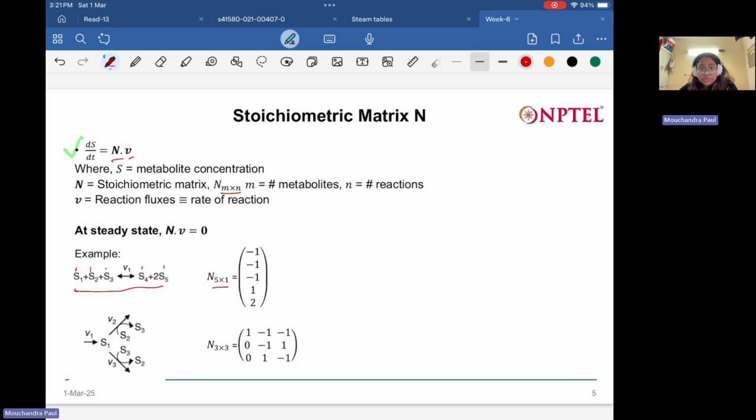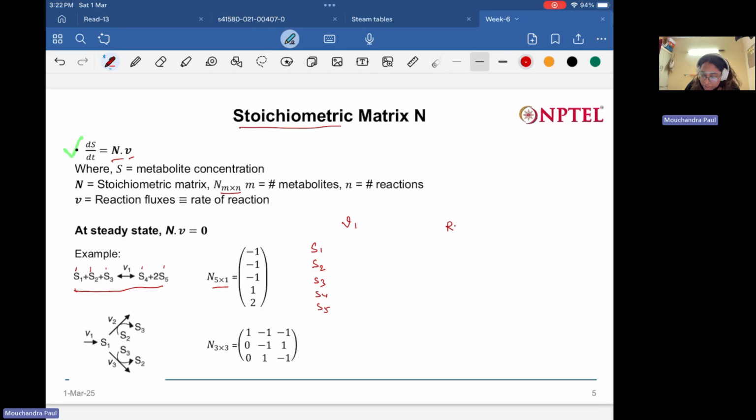Now, since this is a stoichiometric matrix, we have to take into account the stoichiometric coefficients for each of the metabolites in this reaction. So this matrix can be thought of like this, where S1, S2, S3, S4, and S5, and for reaction V1, we have to see what is the stoichiometric coefficient.